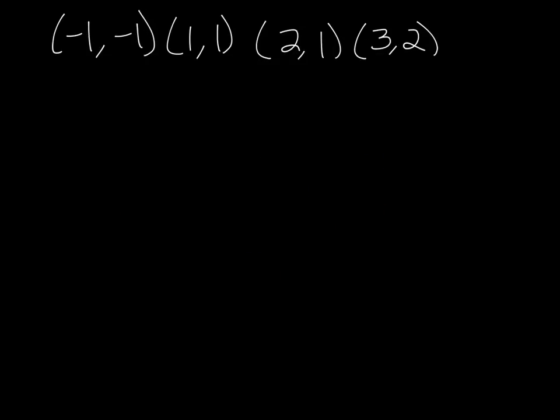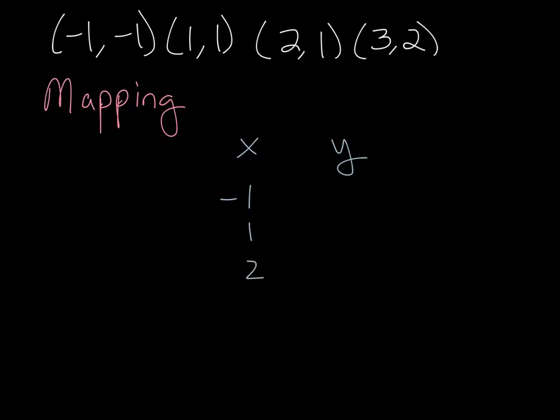All right, the next thing that we're going to do is called a mapping. This one might be new for you. The mapping is basically, you're going to take the x values. So in this case, I can write x here at the top and y. You're going to take the x values. So we've got a -1, a 1, a 2, and a 3.